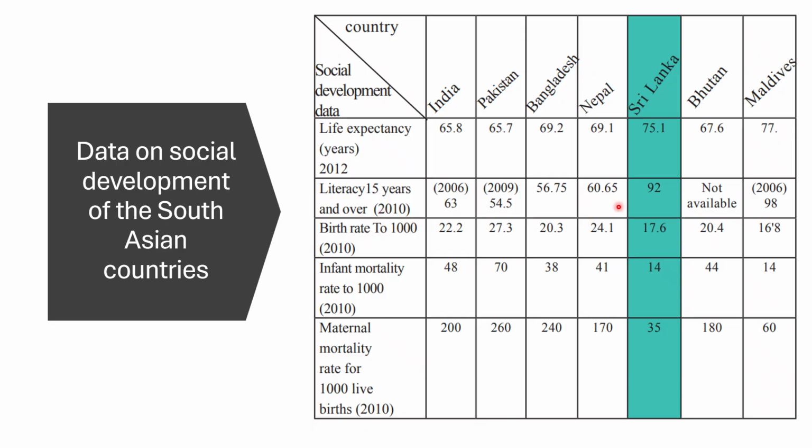Birth rate 2010 record is 70.6. Infant mortality rate per 1000 is 14, and maternal mortality rate per 100,000 live births in 2010 is 35. You just look at this, screenshot this in your brain just in case.